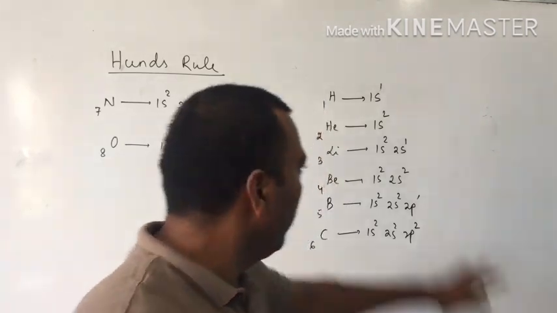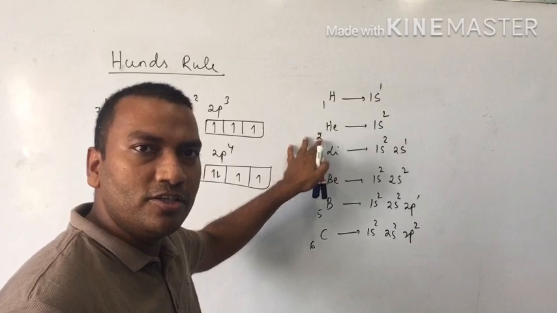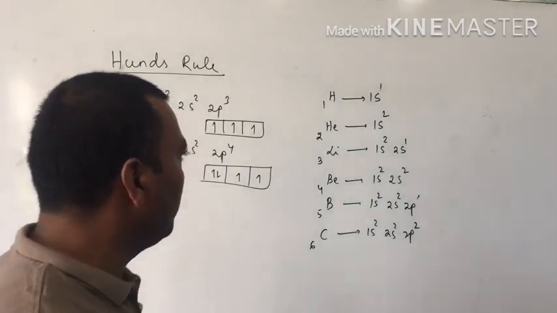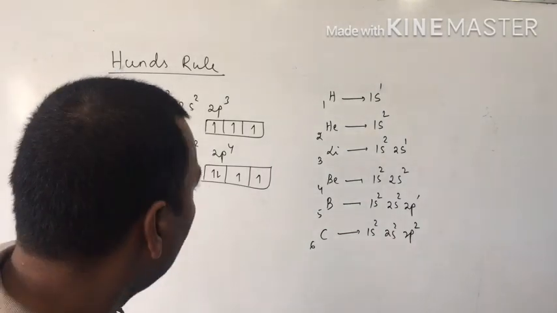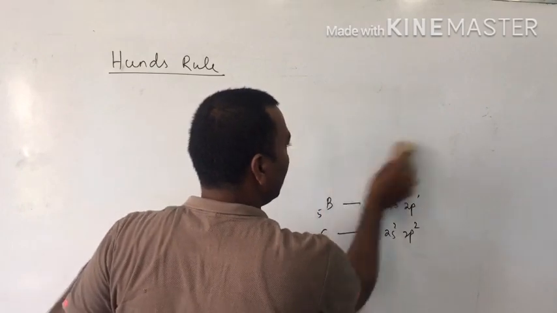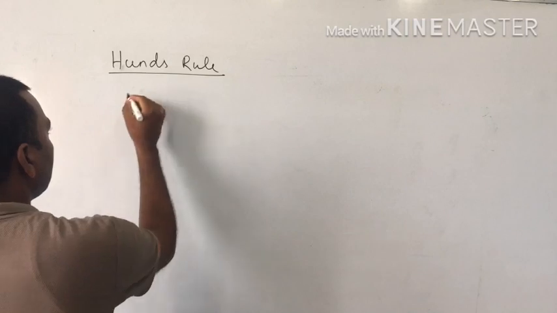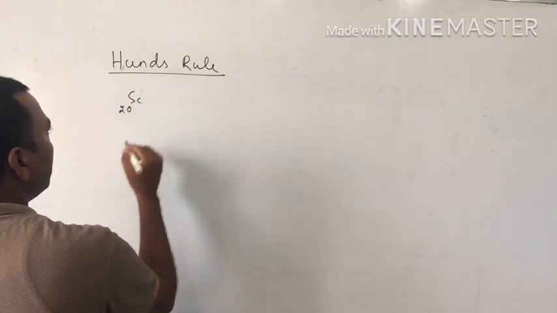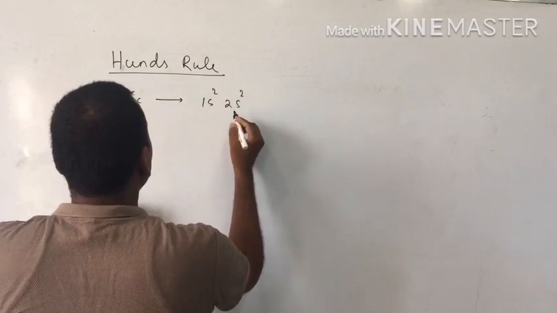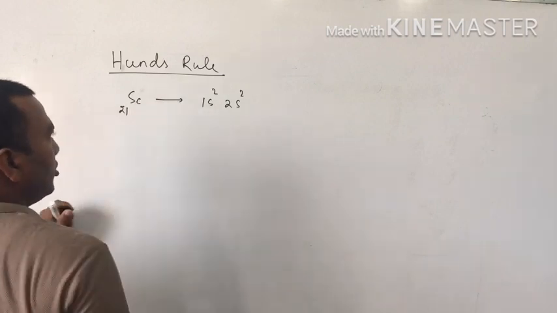Clear now? So when you are writing electronic configuration, follow all 3 rules: the Aufbau principle, Pauli's exclusion principle, and Hund's rule. So you will remember the electronic configuration. Okay? And when you are writing electronic configuration, suppose scandium, atomic number 20. Sorry, scandium is 21. Calcium is 20.